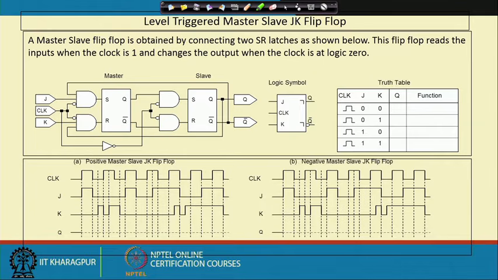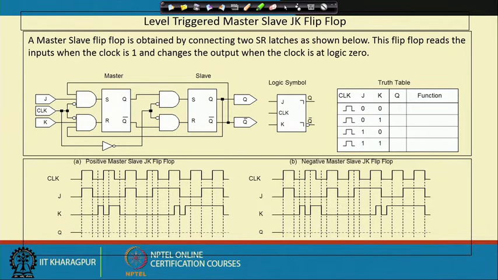Okay. Now, there is another type of JK flip flop which is known as the master slave JK flip flop. The problem with edge triggering was that we required some extra edge detection circuit for it to operate properly.